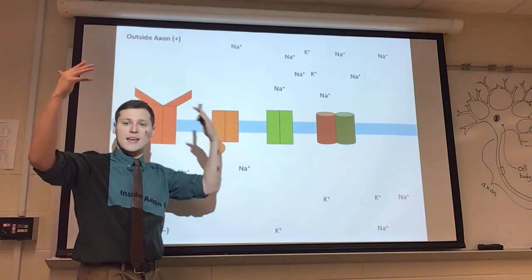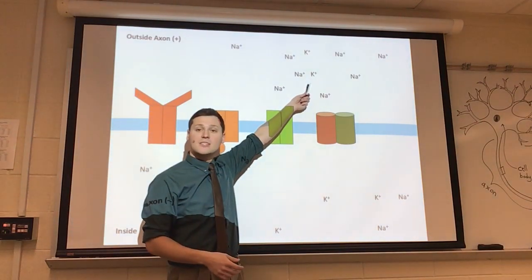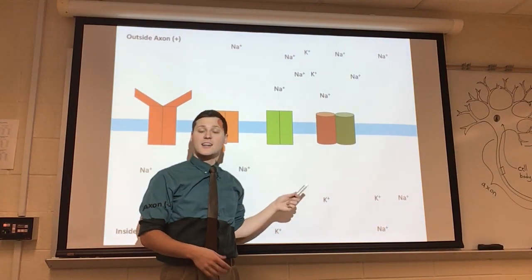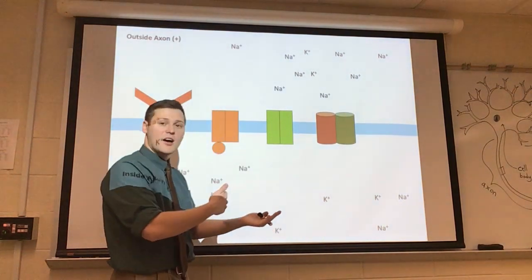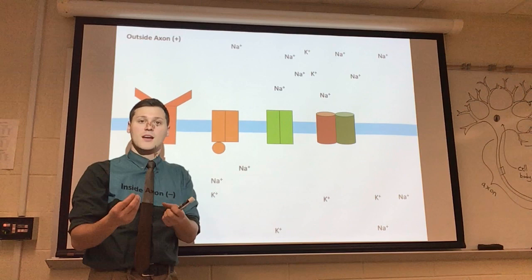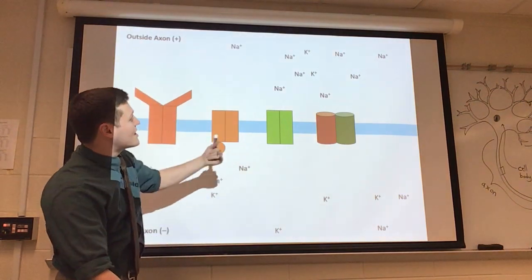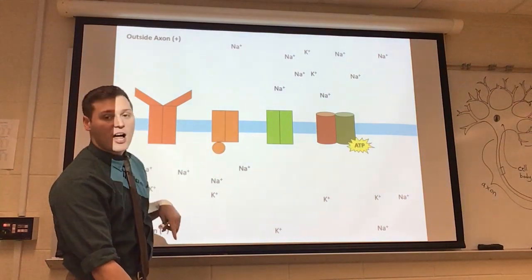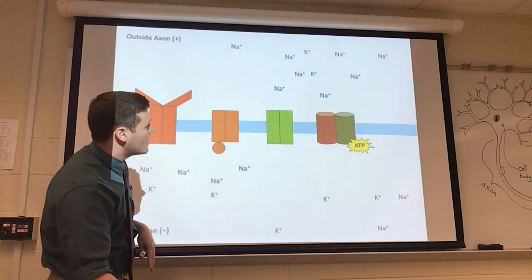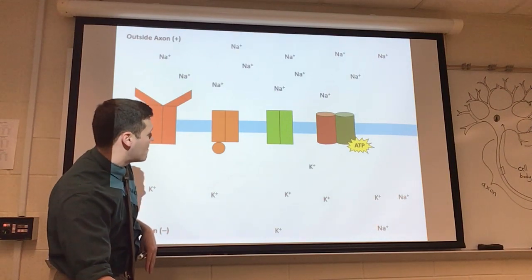Now, again, you might be thinking, and we talked about it earlier, we now have potassium on the outside and sodium on the inside. So if we want to send another signal down the neuron, if we want to be able to fire another message, we're going to have to reset the membrane. So we have the sodium-potassium pump that, with the help of ATP, cellular energy, is going to move sodium back out and move potassium back in.